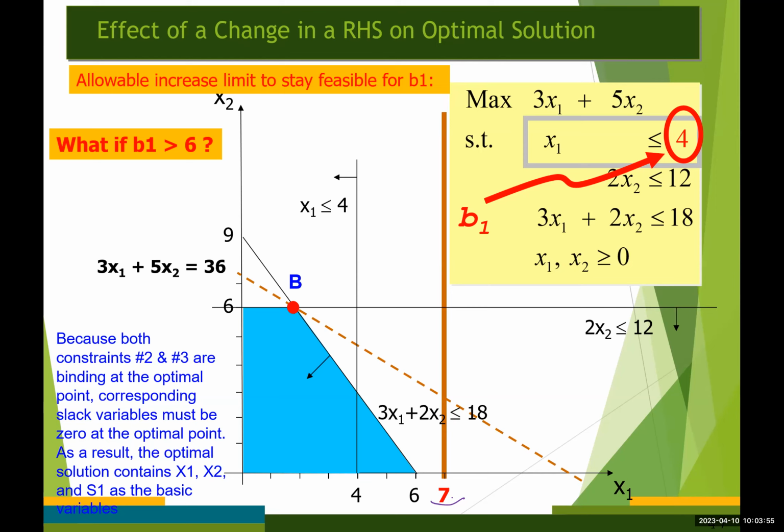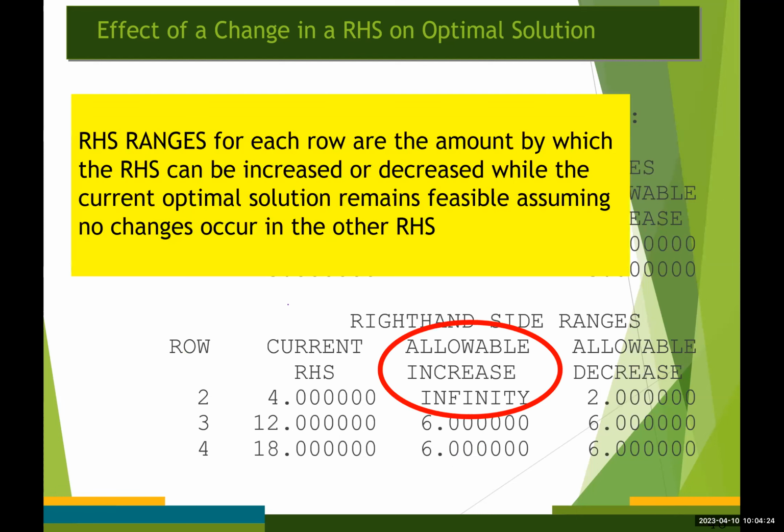So what can you say from these results? Increasing the value of B1 doesn't impact the current optimal solution, right? We still have the same optimal solution at point B, where the plant number 2 and number 3 constraints are binding. So we have infinity as the allowable increase limit of B1.